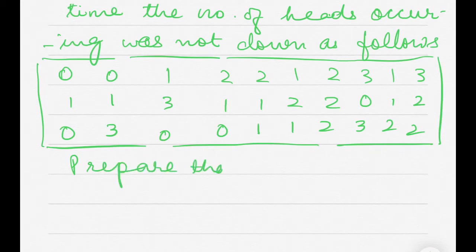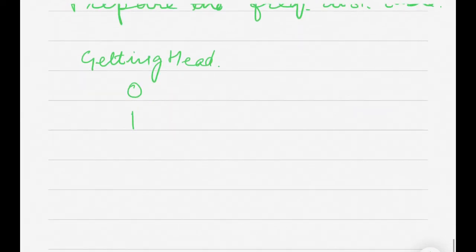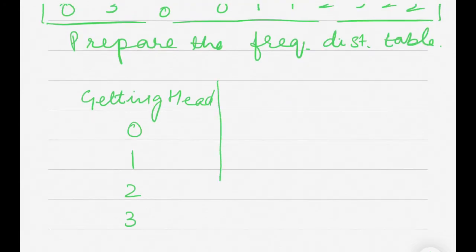Now you have to prepare the frequency distribution table. So 3 coins, there are chances of 0, 1, 2, and 3 getting heads, and then the number of times.